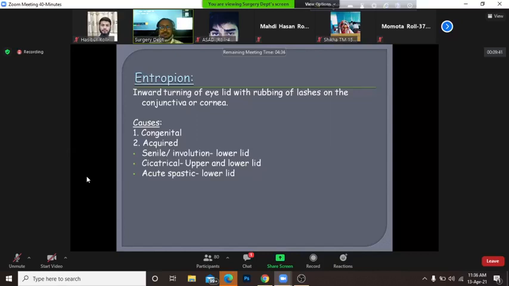What is the importance of the interpalpebral fissure? What are the functions of the eyelids? These are very important questions. Always try to understand and memorize the important things of every lecture. What are the important questions of today's class, and what are the correct answers?